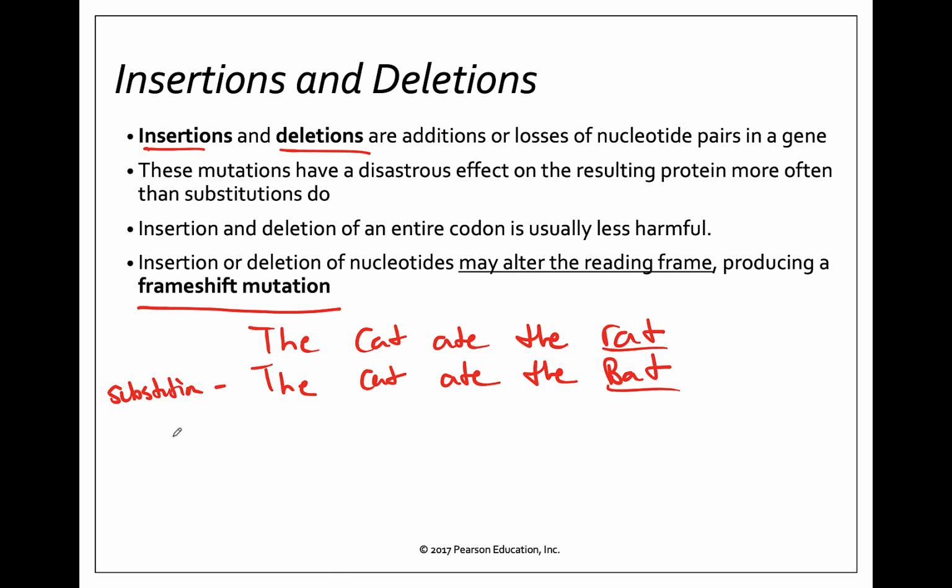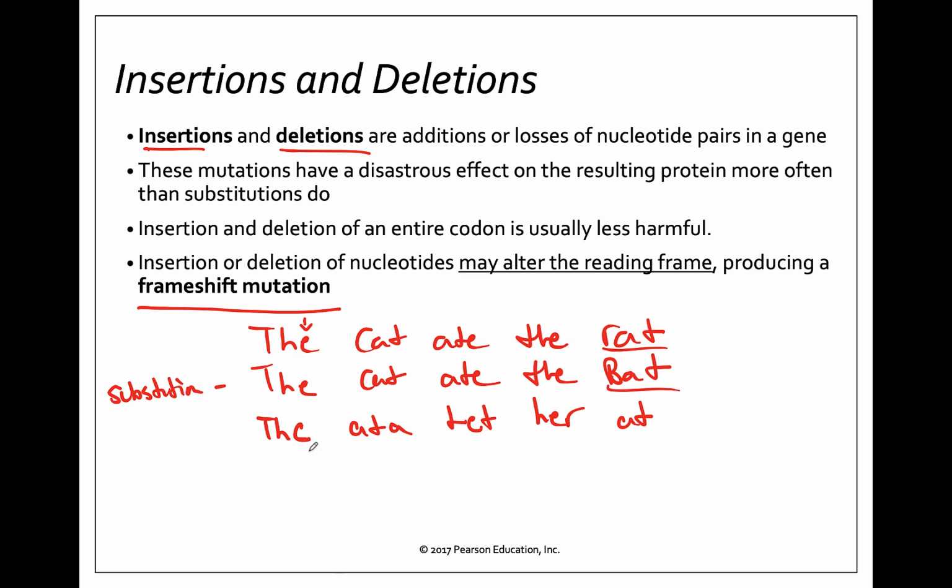A frameshift mutation is not going to make sense. So let's say that we're going to delete the letter E. So let's have a deletion from the original one. So we get, that's a C. None of these are words, that's the word there, her, and at.